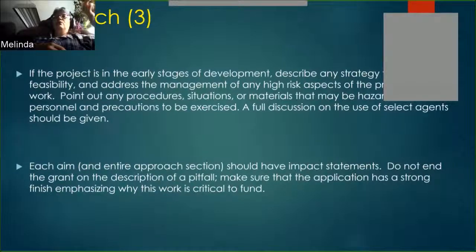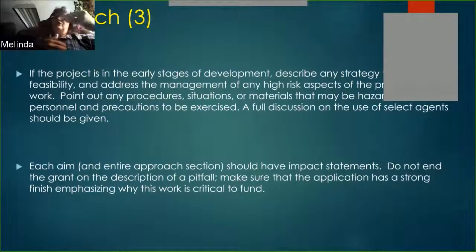Then also, I typically have, at the end of the second aim, that impact statement. The last thing you want the reviewer to read when they're reading your approach section is an explicit description of the impact, so that they are again reminded why this work is so important and why it needs to be done.